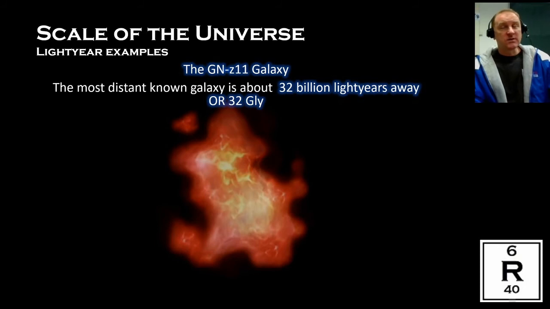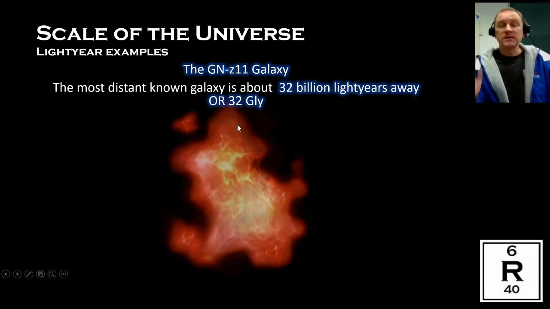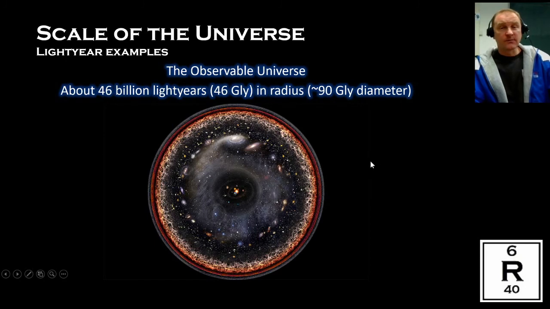And if you know anything about your computers, your hard drives right now are measured in terabytes. So trillions would be tera. Anyways, billions, giga. So 32 gigalight years is how far away the most distant galaxy is that we can observe. The observable universe would be 90 gigalight years in diameter, roughly.